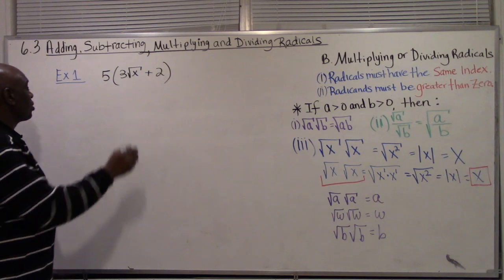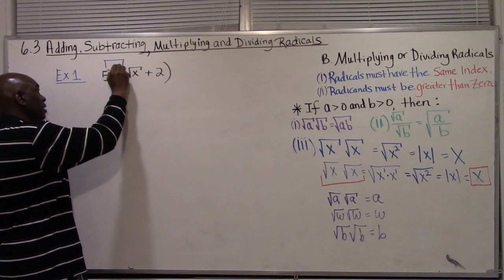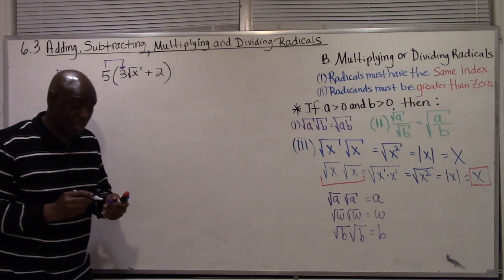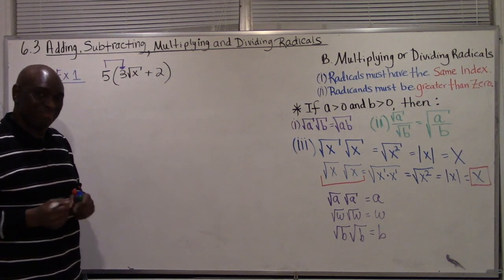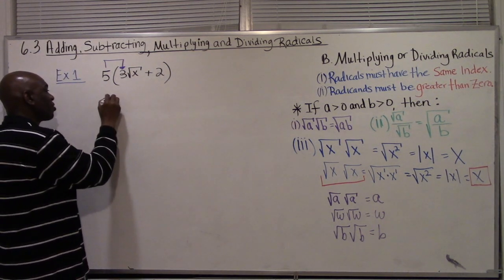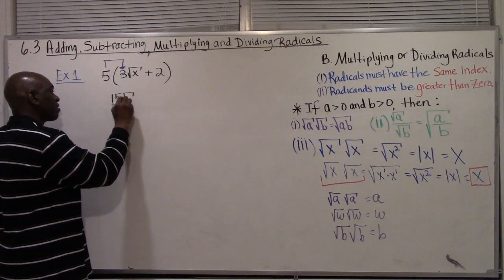So what you do, you take 5 and you first multiply 5 times 3. Do you know 5 times 3? You do. What is it? Yep, 15. So we're going to have 15 square root of x.